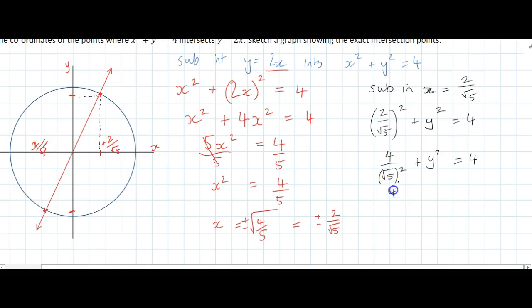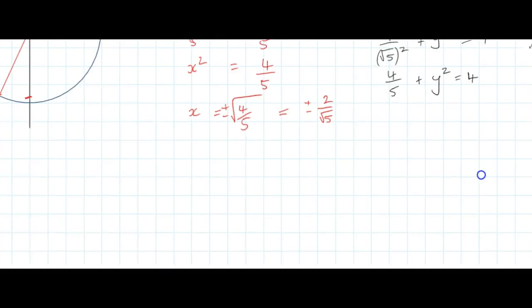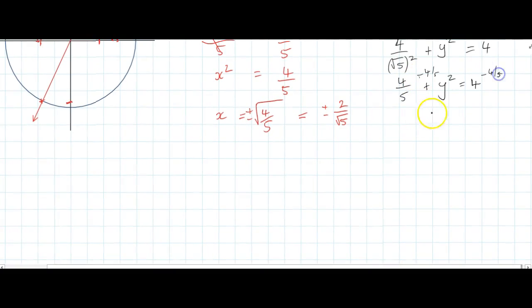So 4 over, now the square root of 5 all squared, you should remember, is 5. That equals 4. So now let's solve for y. We've got to take away 4/5 on both sides. So y squared equals 4 minus 4/5, which is 3 1/5.